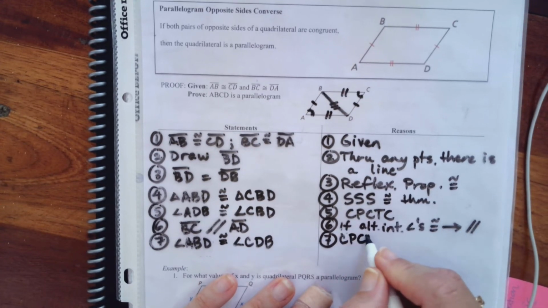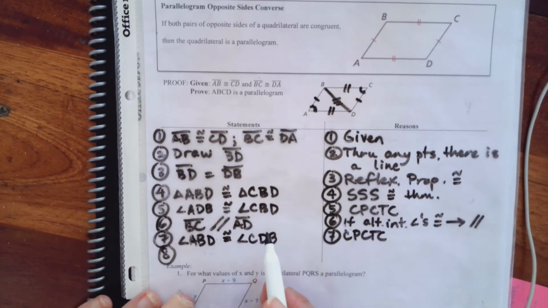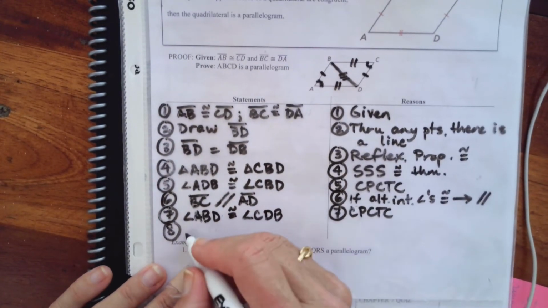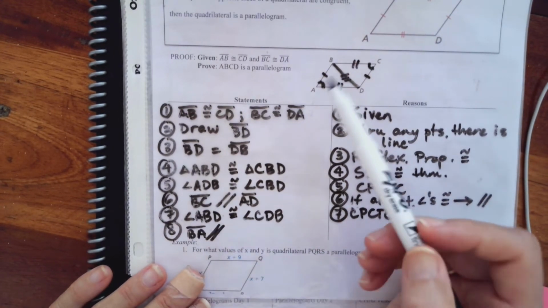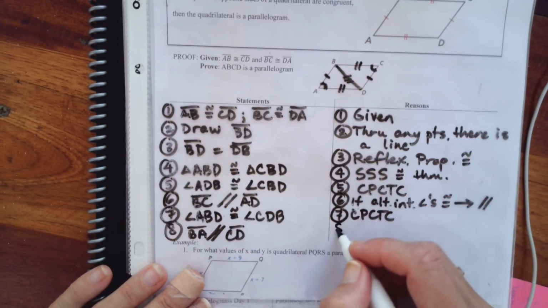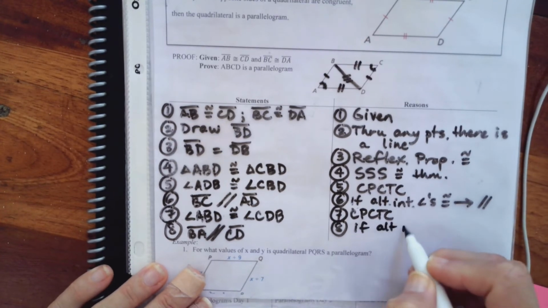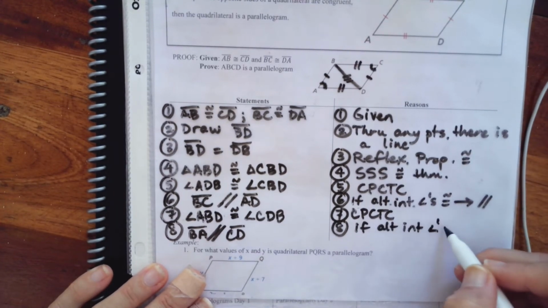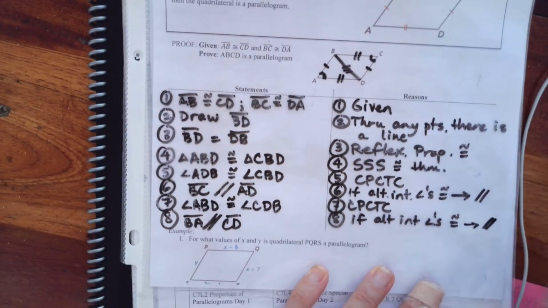Corresponding parts of congruent triangles are congruent. And so now I can do the other sides parallel. So let's see, BA is now parallel to CD. If alternate interior angles are congruent, then parallel.